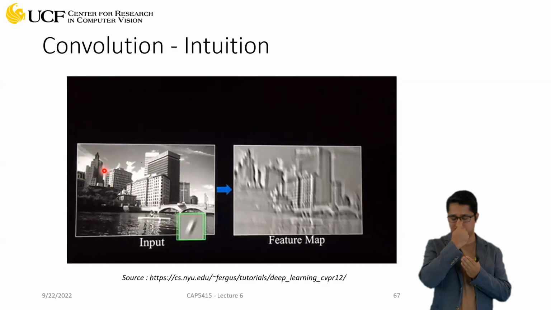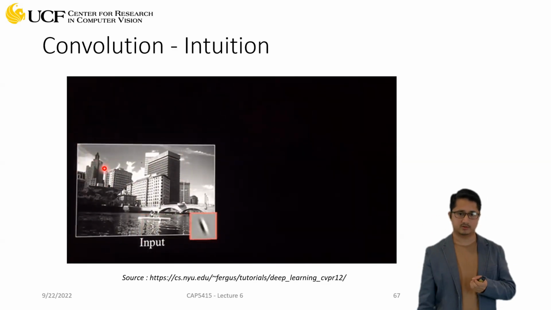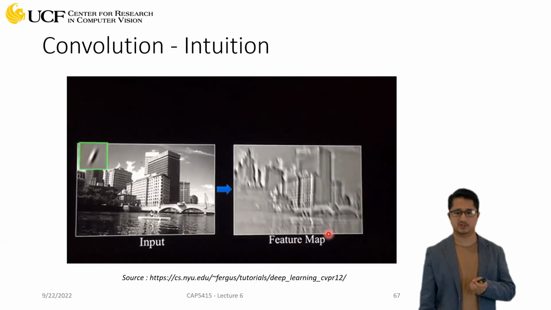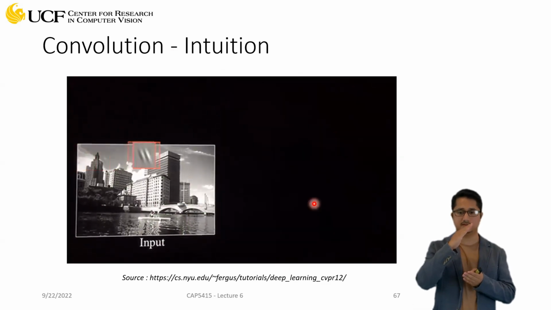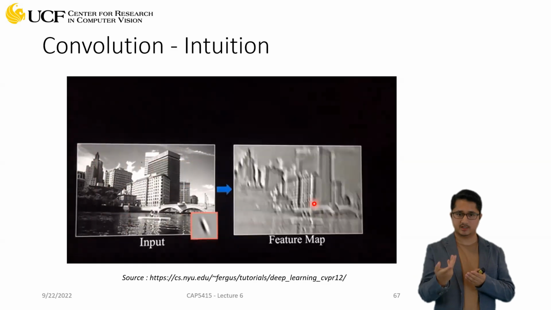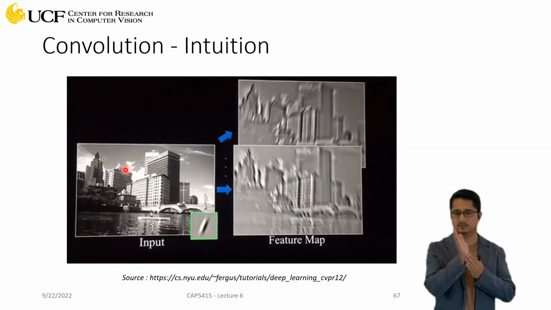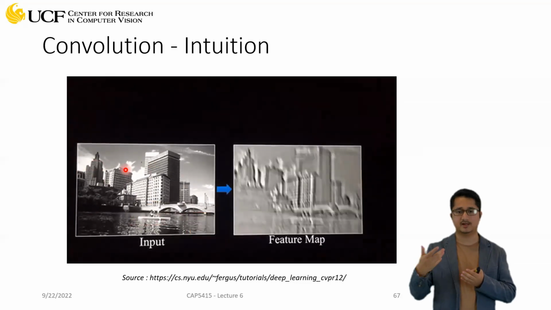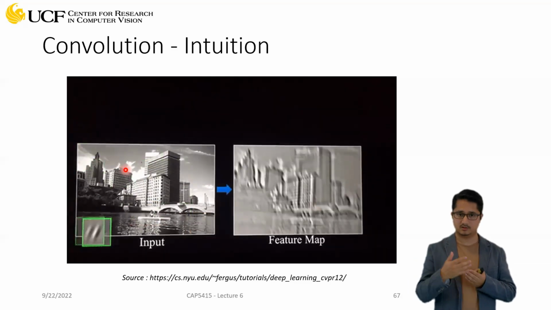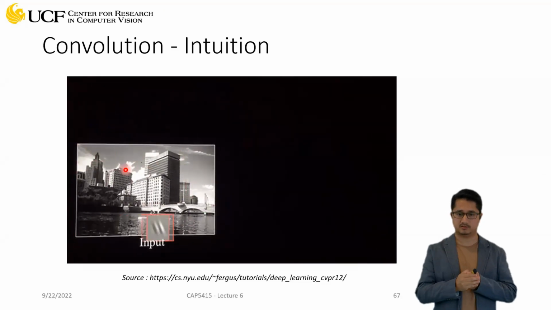If we use that filter to convolve the input image, you will get a feature map something like this, which is trying to find all the edges in this direction. Similarly, the green kernel is an edge in the right direction. That's another kernel, and it will give you a feature map which will be highly active in those locations where you have edges leaning towards the right.